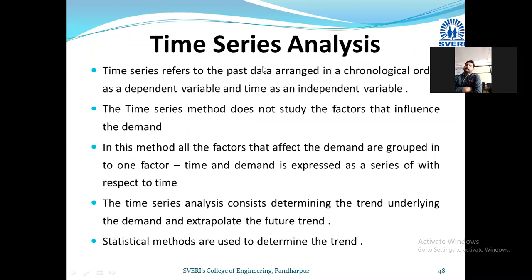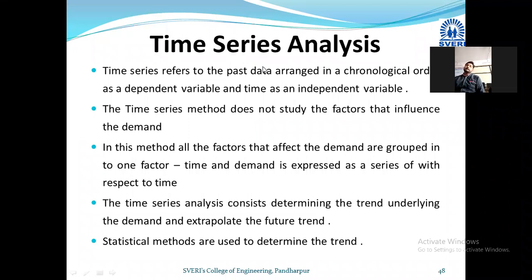Okay, so let us say if my sales production for this year is 20,000 products, next year 20,500 products, next year 20,600, 20,800. In this manner, year by year my production or my sale is going to increase.